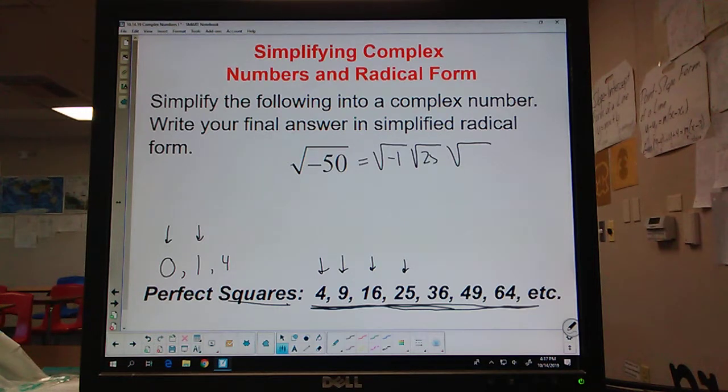Yes. 25 and then 2. So if you break the 50 into the negative radical 1, the 25 and the 2, you can say I times 5 times radical 2, which simplifies to 5I radical 2.